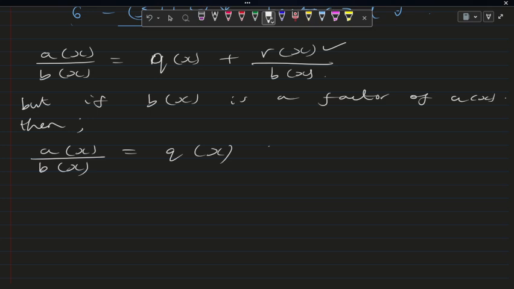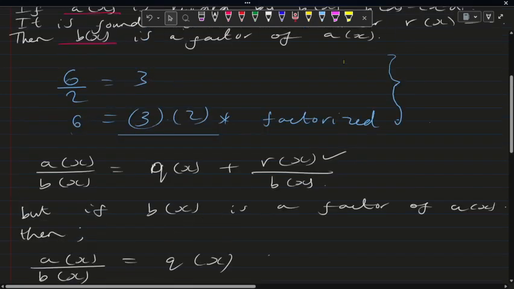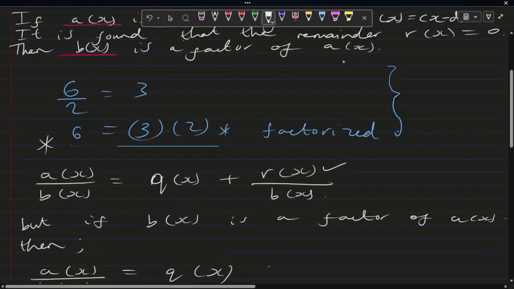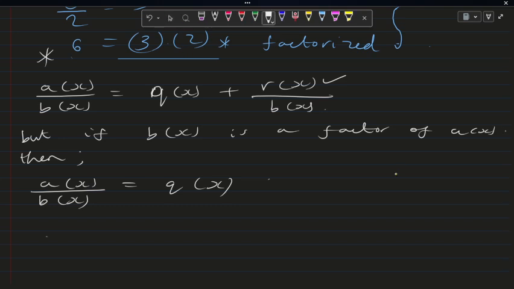Now we have this situation. So this means that I can do the very same thing that I did with the number 6. I can factorize a of x. If I multiply by b of x on both sides, then I end up with a of x is equal to q of x times b of x.